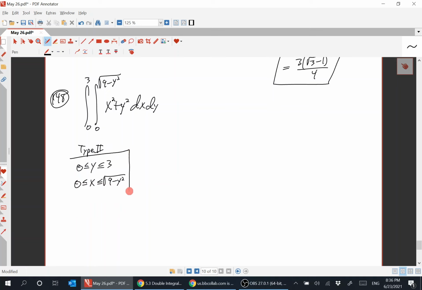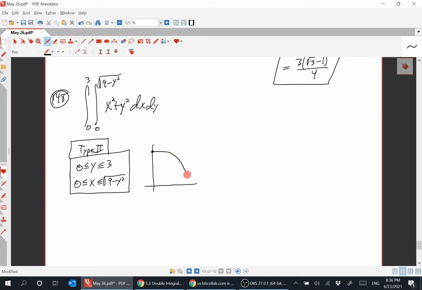You can do this in rectangular coordinates, although you don't really want to. It works out much nicer in polar coordinates, but let's draw it so we can see what we're dealing with here.